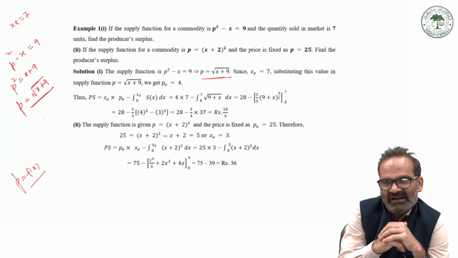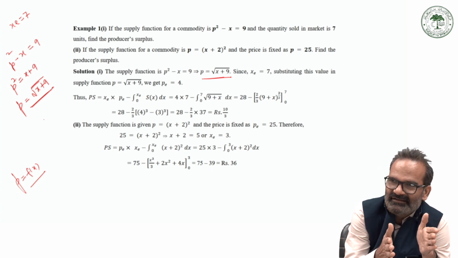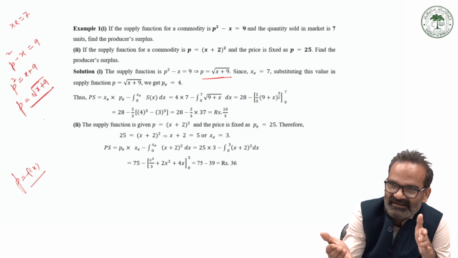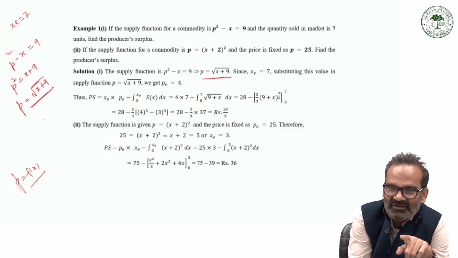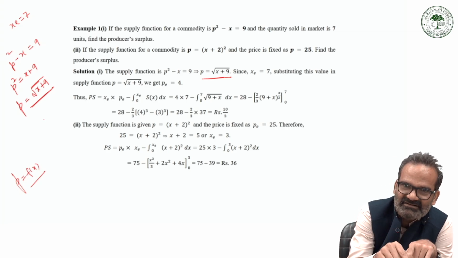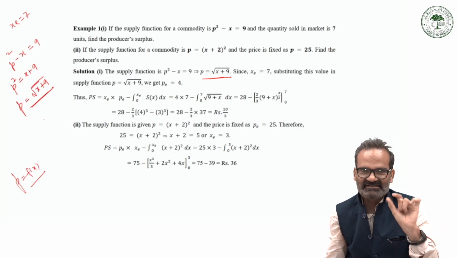When we are calculating the producer surplus, the supply function should be taken into account, and the quantity sold in the market is being represented by XE. When we put the value of XE in the supply function, PE will be its respective price. This is the basic difference.